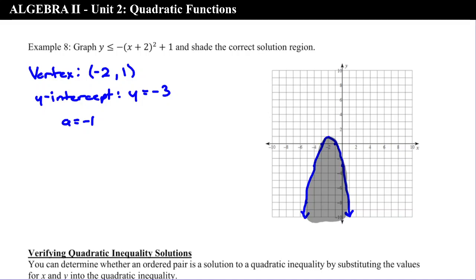And there we are. That is the shaded region for this particular graph. Okay, so that is graphing quadratic inequalities. Again, we're just taking things that we've already done and we're kind of putting it together.